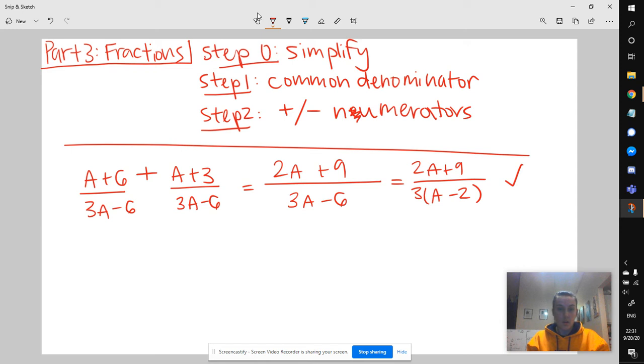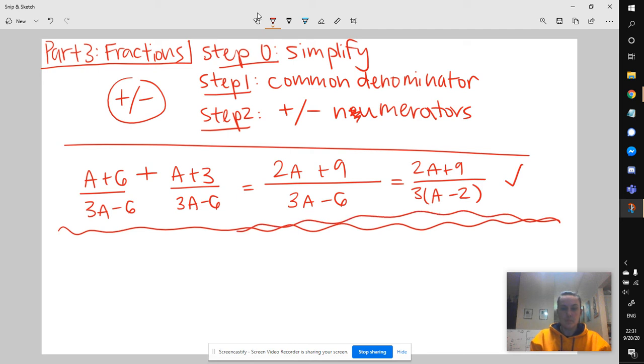All right. This is for adding and subtracting. For multiplying or dividing, that's your next. Guess what the step 0 is, guys? It's simplifying, right? If you can simplify, always simplify. When you're multiplying and dividing, this includes factoring, right?